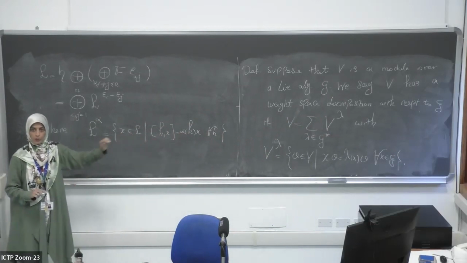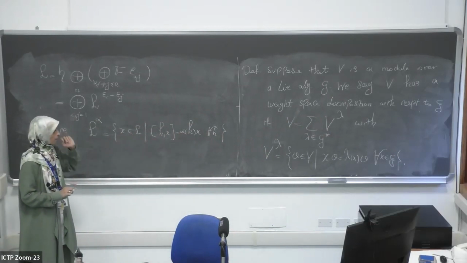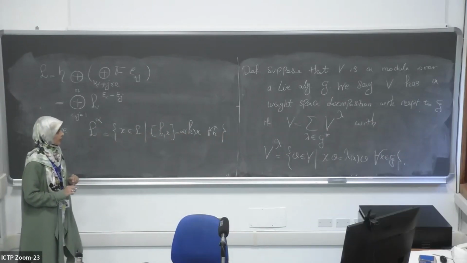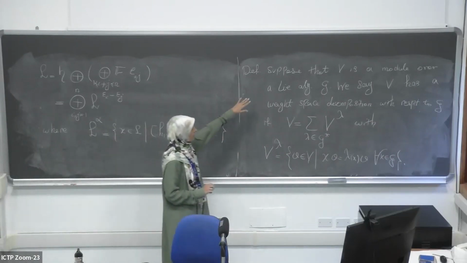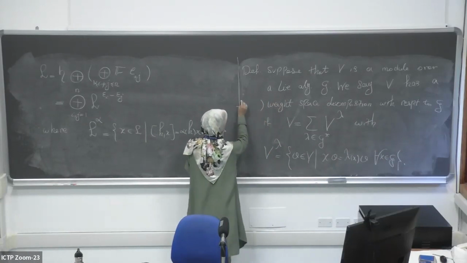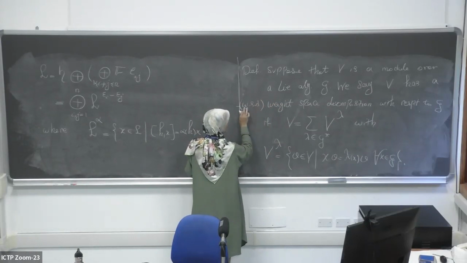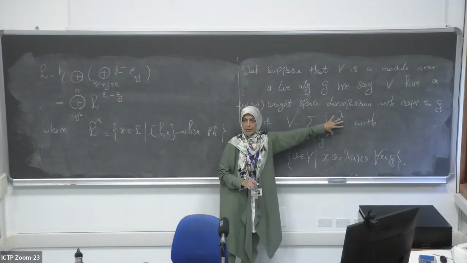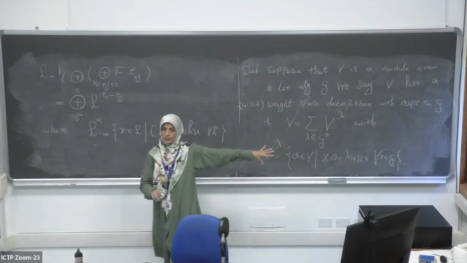And I will show it to you. So when we have a vector space decomposition, and sometimes I just write VSD for vector space decomposition, V is a direct sum of these specific subspaces.